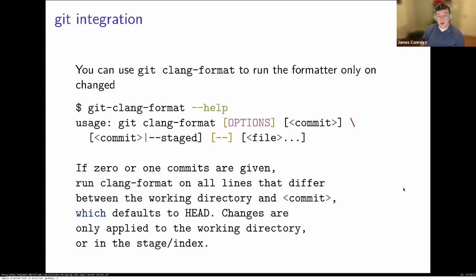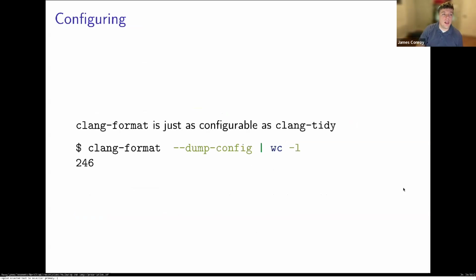But when using the clang-format suite of tools, I definitely recommend using git-clang-format, because it lets you narrow in on just the stuff that's changed, so you aren't overwriting the whole repo all at once, or maybe there are files that you don't want to change ever because it's got inline assembly or something, and you just don't want to touch that with a 10-foot pole.